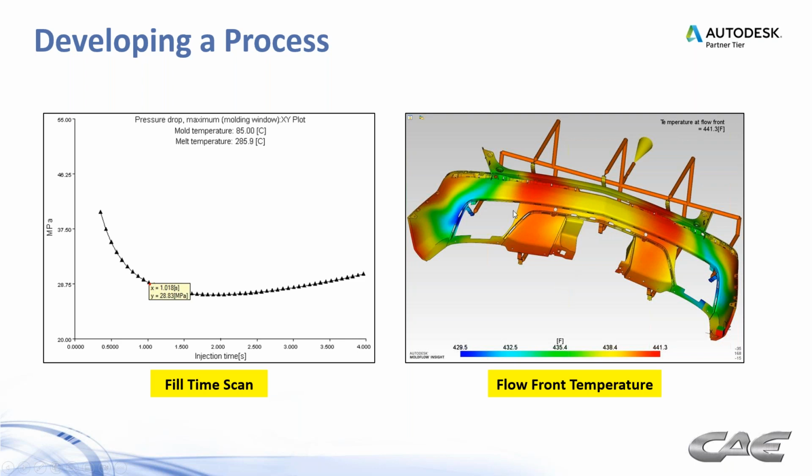So those are the conditions we're trying to set up when we develop a process. We want to allow the material to pack out uniformly, but do it with minimal pressure. So we have to find, again, the right fill speed that's going to allow us to do that. And if we can't find it initially, that might be telling us we need more gates or something. It could be any number of things. Or maybe we've designed the part too thin, or whatever it may be.